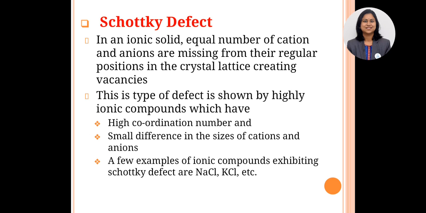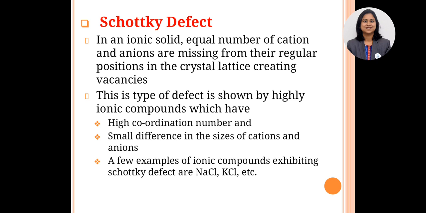Third, Schottky defect. If in an ionic solid equal numbers of cations and anions are missing from their regular positions in the crystal lattice, creating vacancies, this type of defect is shown by highly ionic compounds which have high coordination number and small differences in the size of cations and anions.